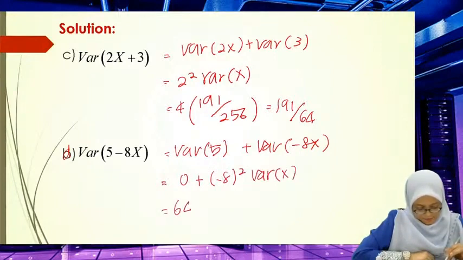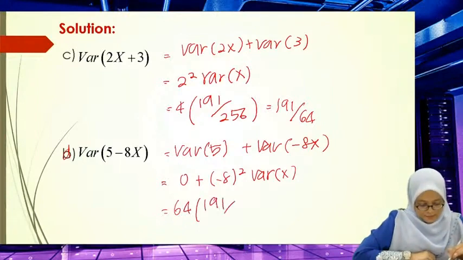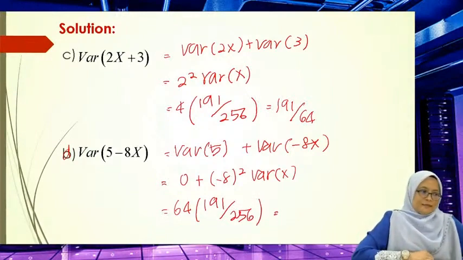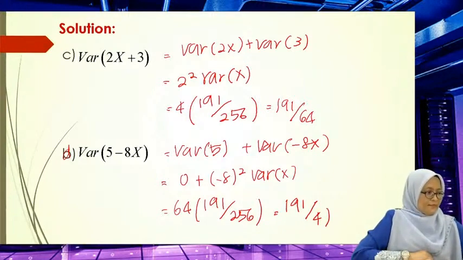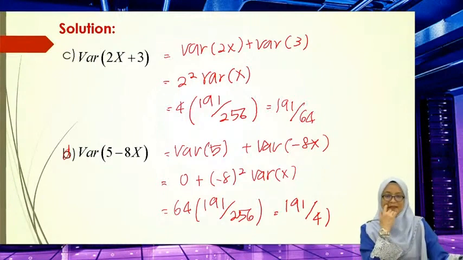So 64 times variance x is 191 over 256. So dapat 191 over 4. Okay, good. Thank you.